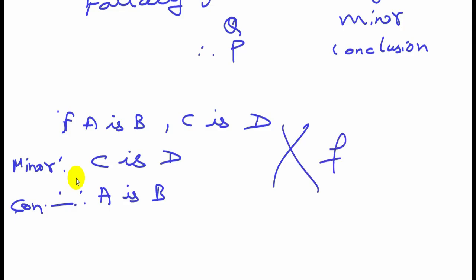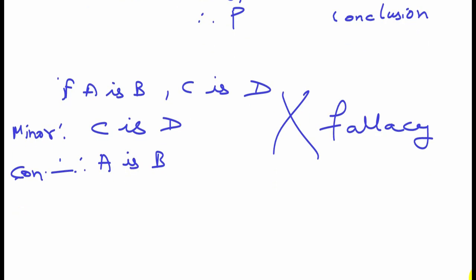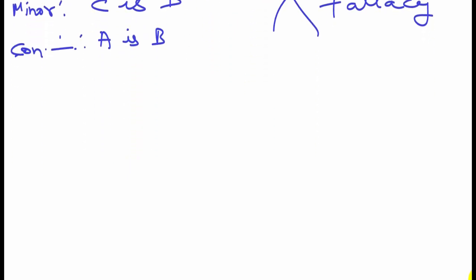It is fallacious. A fallacy has occurred. Let's take an example. If it rains, the road will be wet.